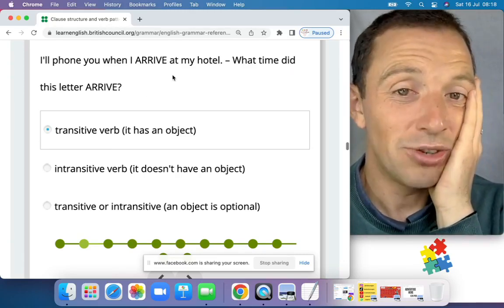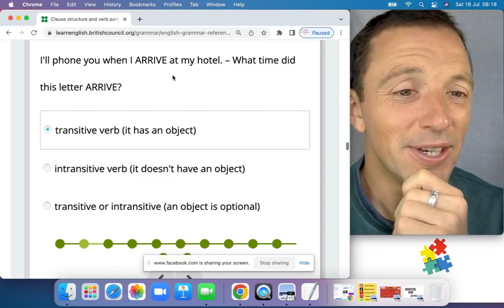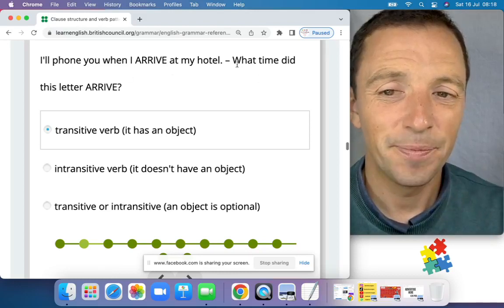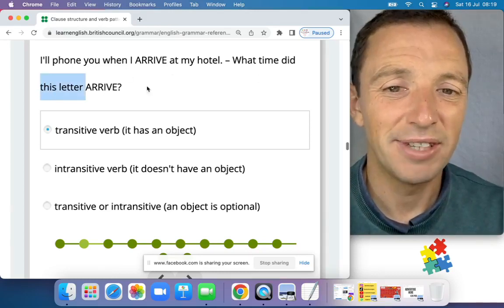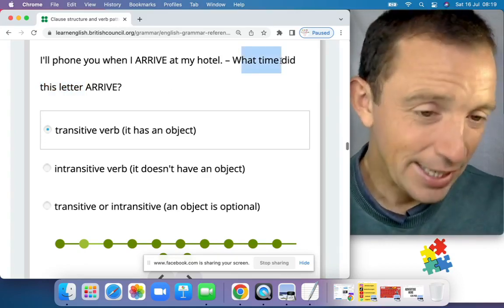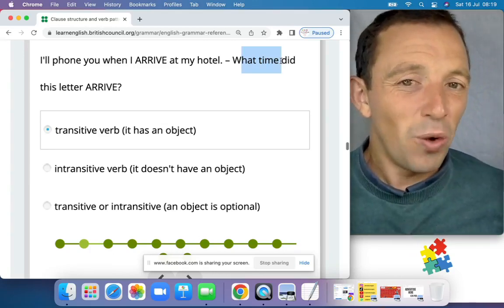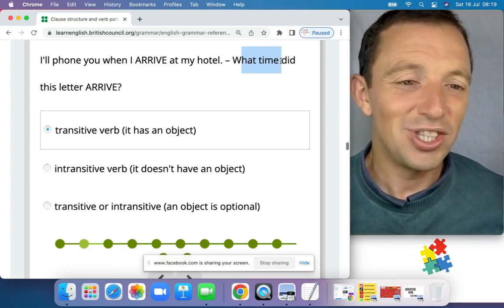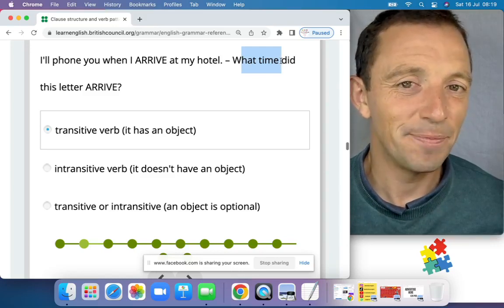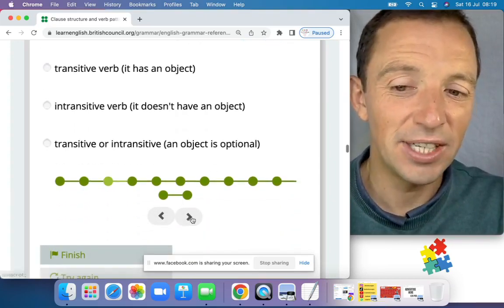I'm confused because it's a question. I think the time is the object, so I think that's transitive. It's difficult because it's in the form of a question, but I'm trying to stick with the first answer. I could be wrong. Let's continue to option 3.